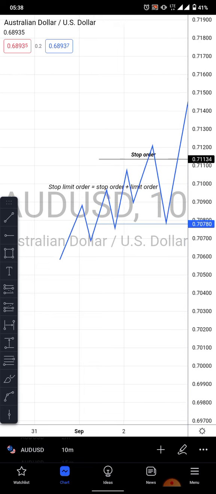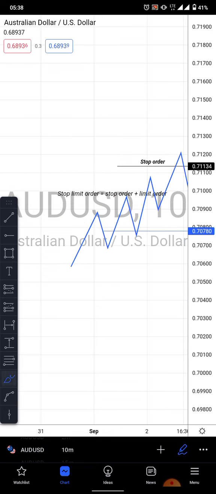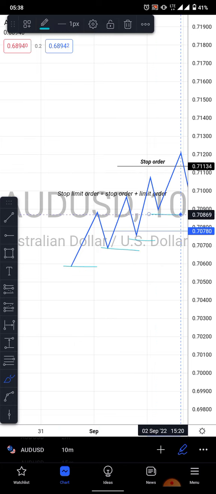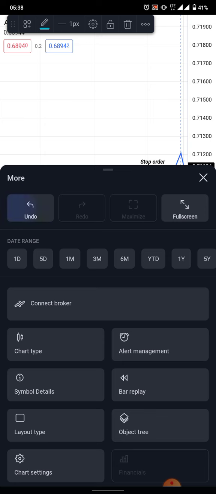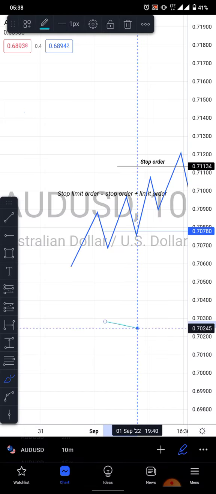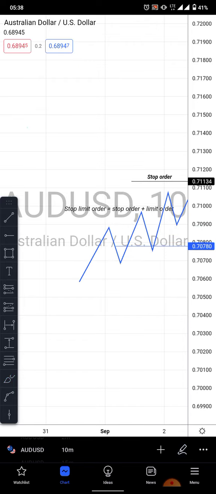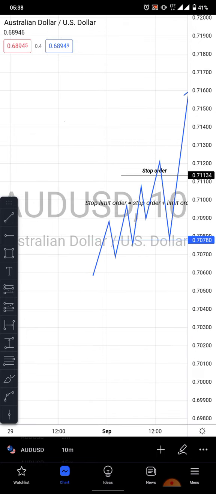And let's say you missed the opportunity to buy the asset from here, from here, or anywhere lesser than the current market price, right? So that's when you will be needing a stop limit order.